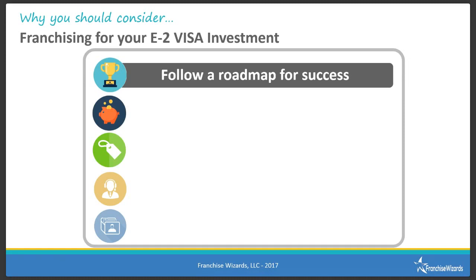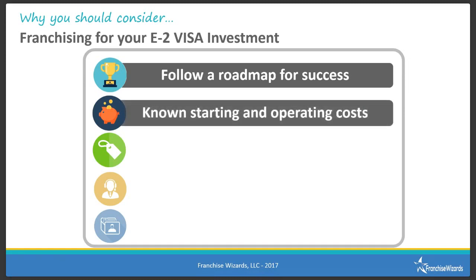And they have usually a lot of data to prove that the network is working and that the franchisees are doing well, which you usually are able to validate as you investigate the franchises. Also, for you who are just starting a business in the US for the first time, you have the ability to know the starting and operating costs because the franchisor will share all these details with you, not only through presentations and calls, but also through a legal document called the Franchise Disclosure Document.